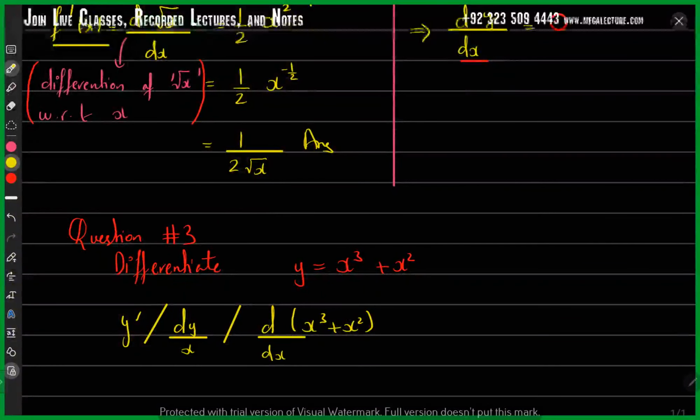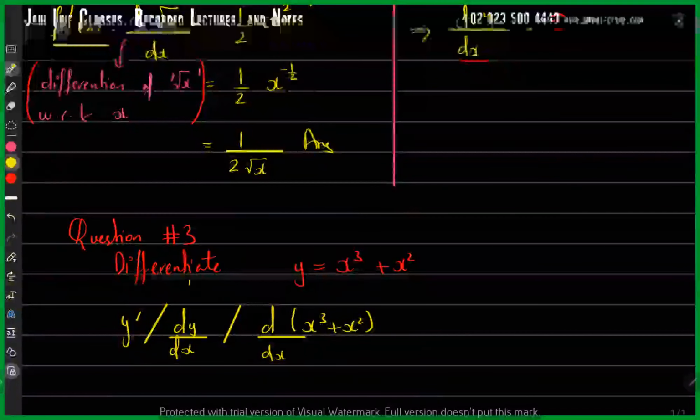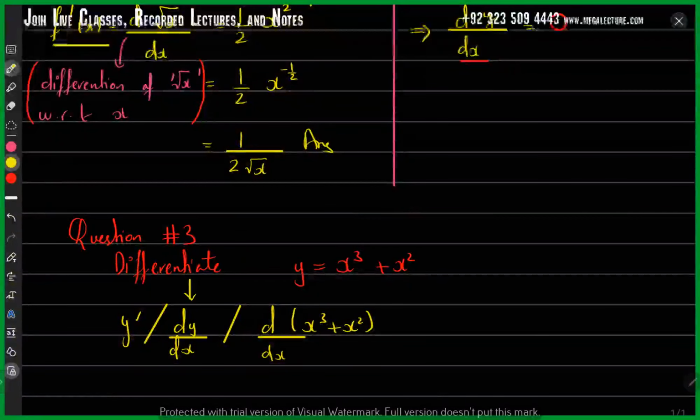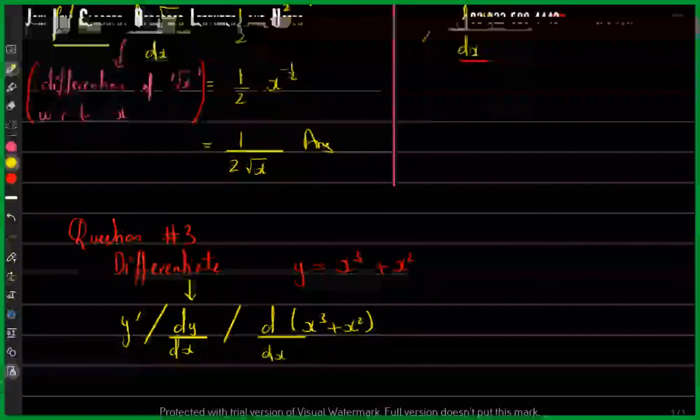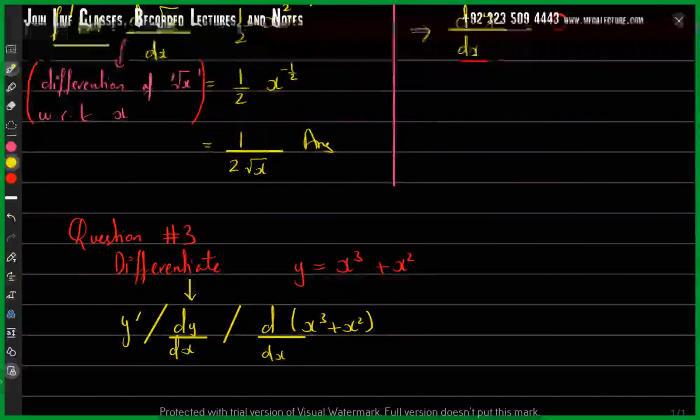All these notations are equivalent, and dy by dx is the best one. You will get to see this time and again in your books, and I'll be writing it this way. All of them are the same.